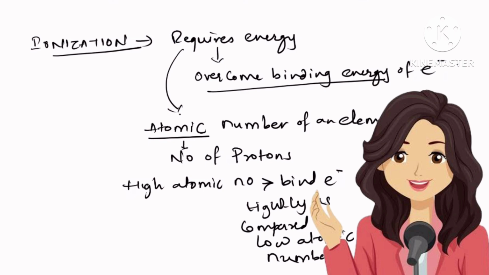Protons will hold electrons tightly depending on the number of protons present in the nucleus, and this number depends on the atomic number of an element. So the more protons, the more tightly it will hold the electron towards it, and the more energy we must put in to remove the electron from the surrounding orbital. So ionization is more difficult.